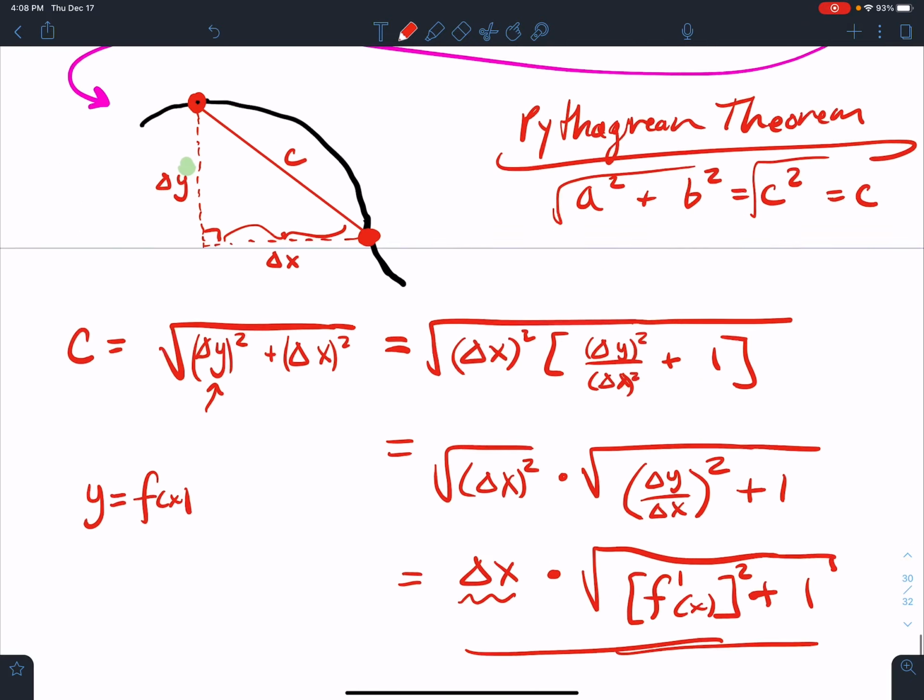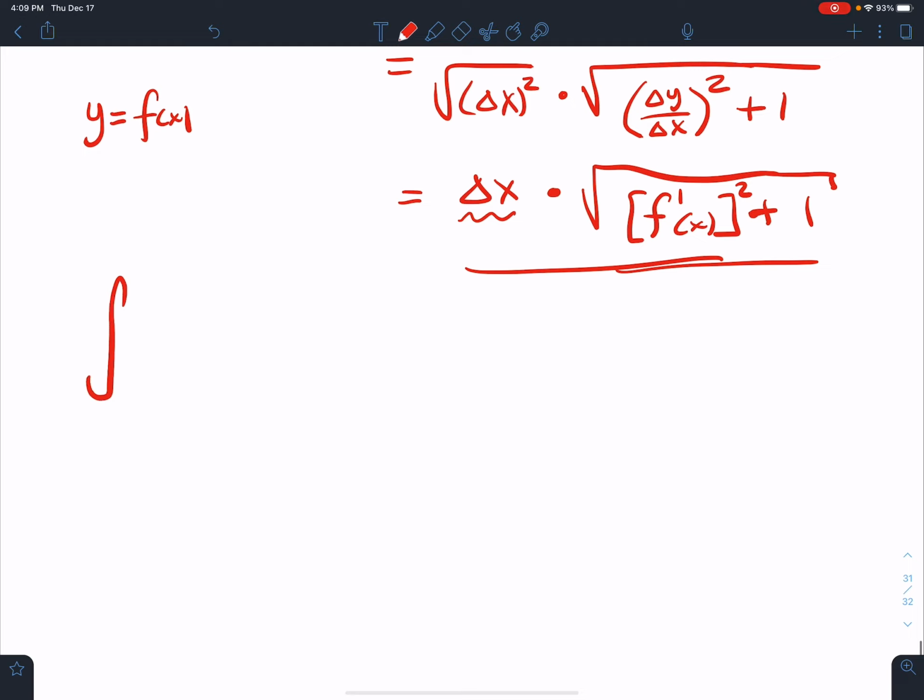There's one way I know how to do that, and that's with an integral. The infinite sum from A to B of the square root of 1 plus the derivative squared dx. And this is equal to the arc length.